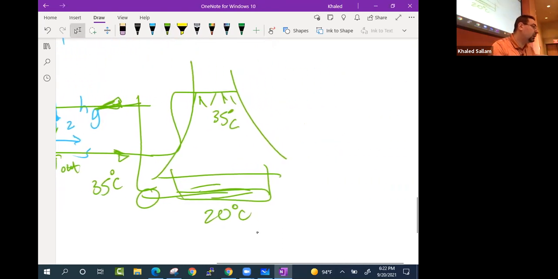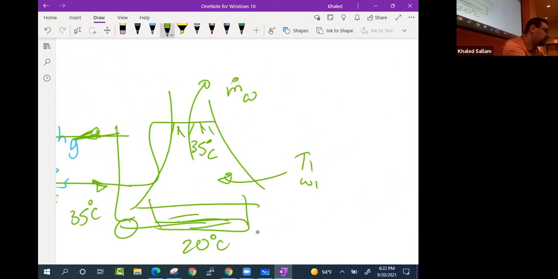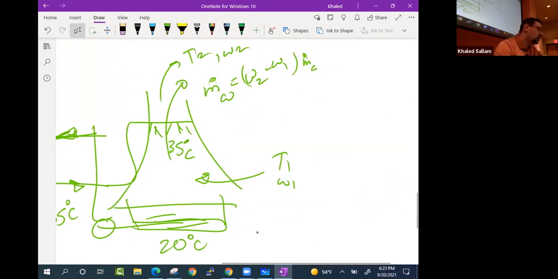So for that cooling tower to do its job, it has to get m dot water into the air. The air is coming in here at T1 and omega 1, and leaving here at T2 and omega 2. And the m dot water here is omega 2 minus omega 1 times m dot air, right?